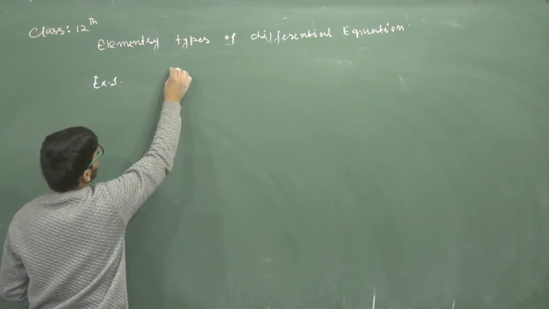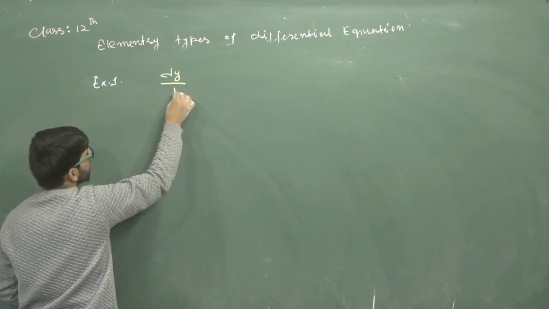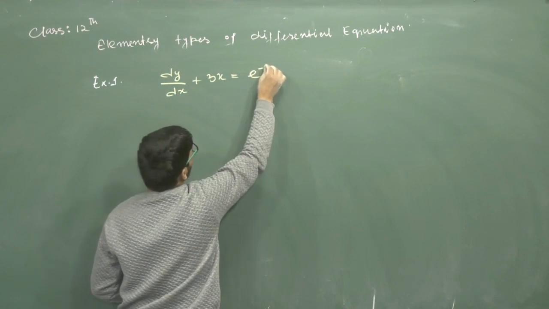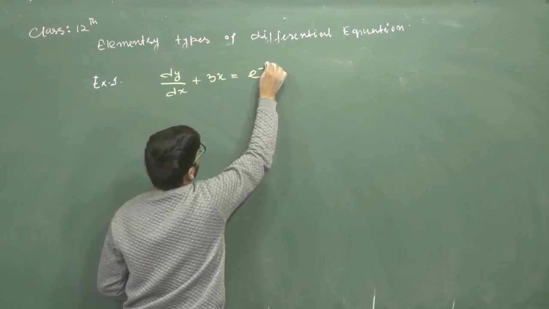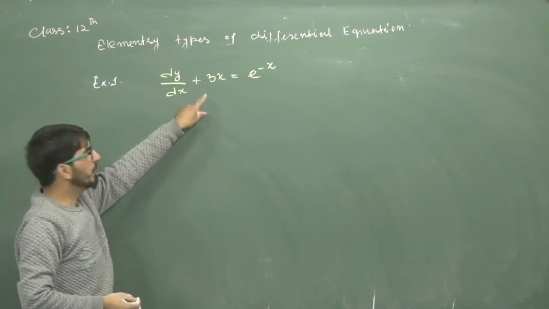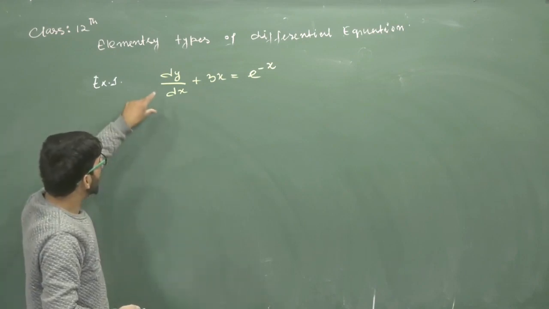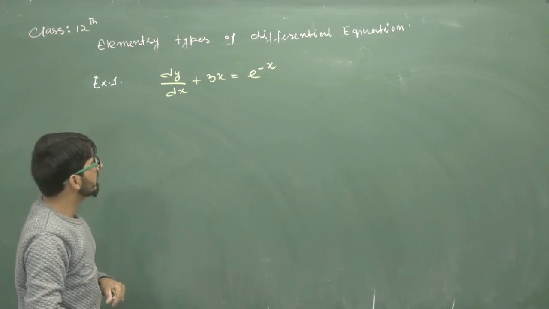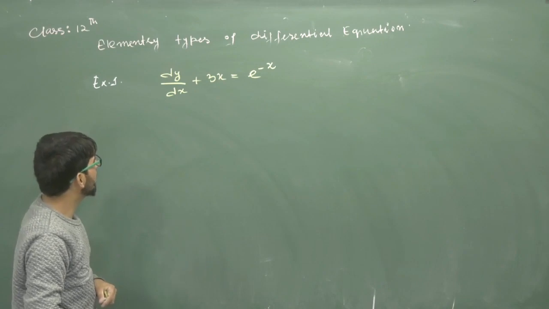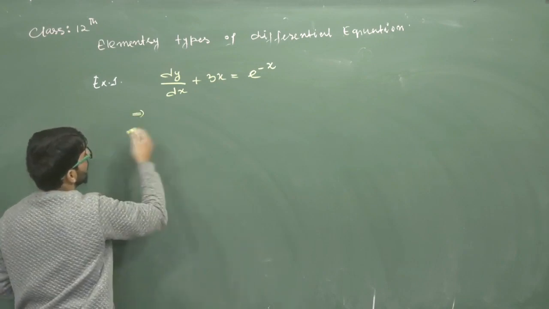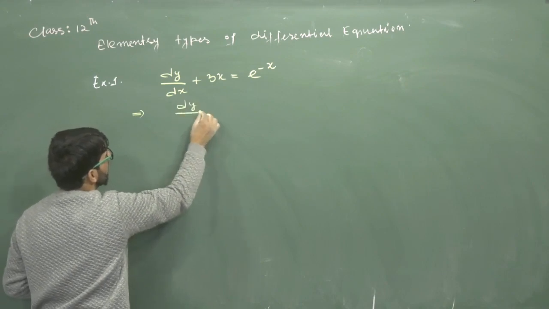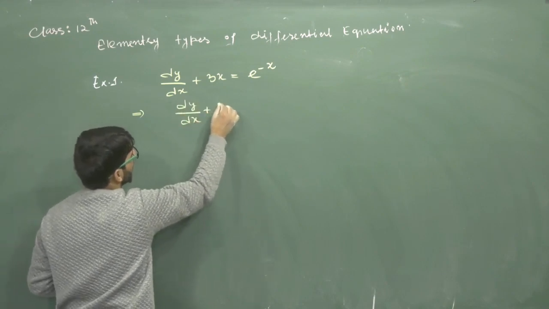Solve the differential equation dy by dx plus 3y is equal to e raised to power minus x. So here if we equate this differential equation to the definition of linear differential equation, so we know that a linear differential equation is of the form dy by dx plus py is equal to q.